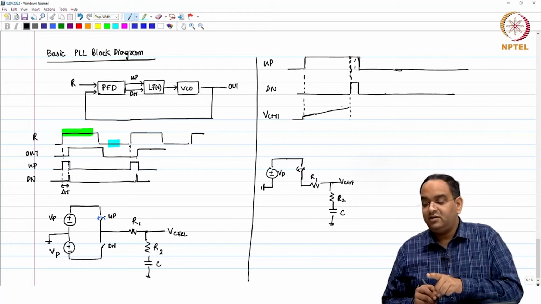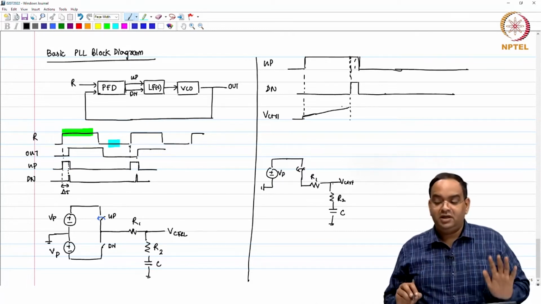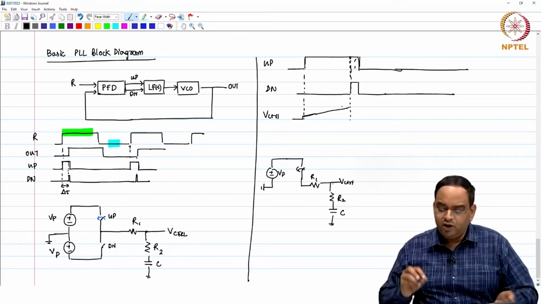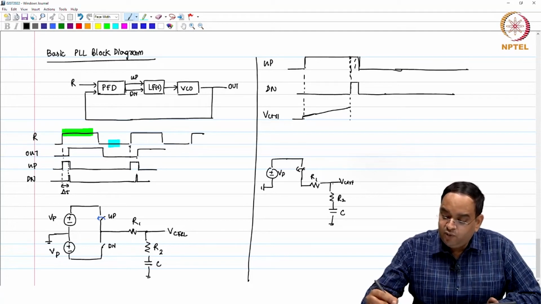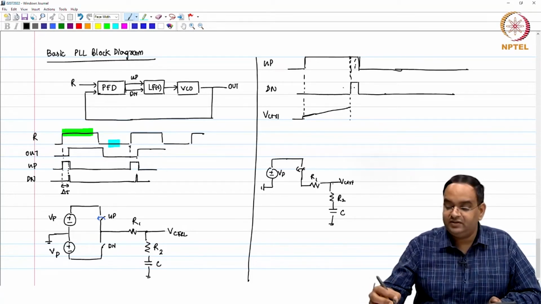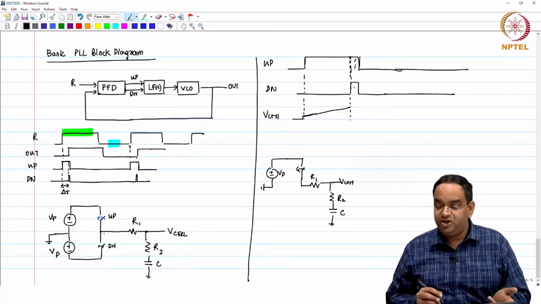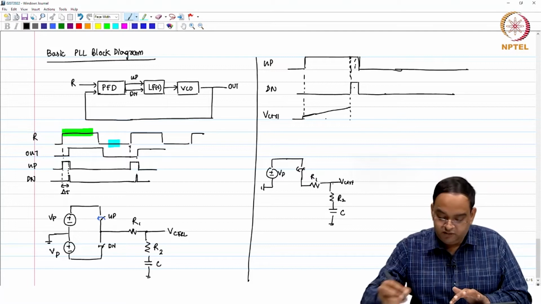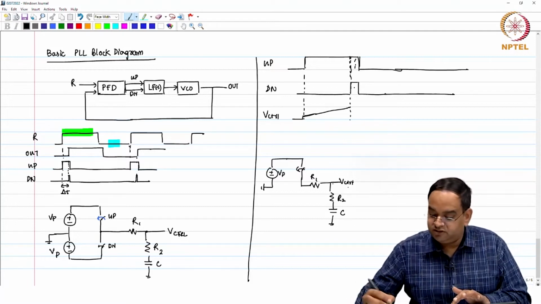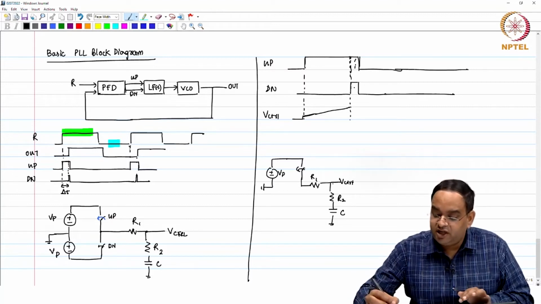I am not writing the exact equation, but this is how it will look. And then when both of them turn high, this voltage will effectively be 0, right. So, whatever you are applying is 0 to this resistor, so your voltage may come down when both of them are high, and then it will remain.